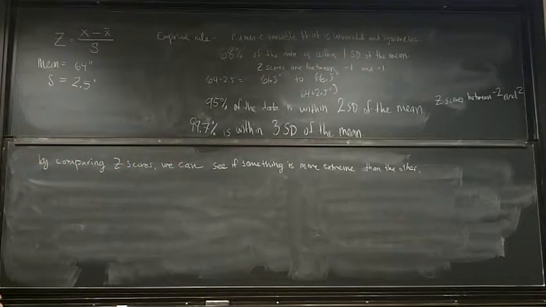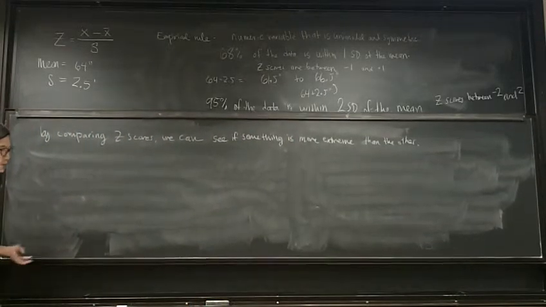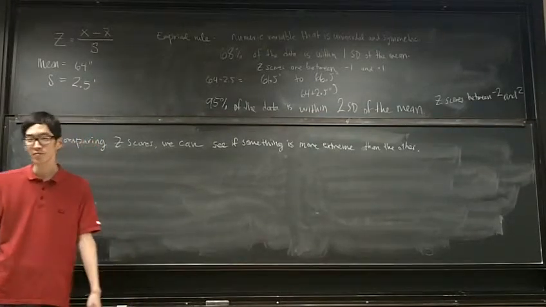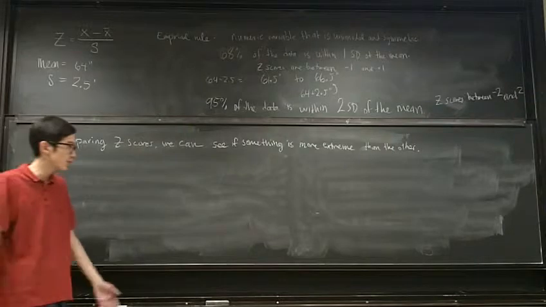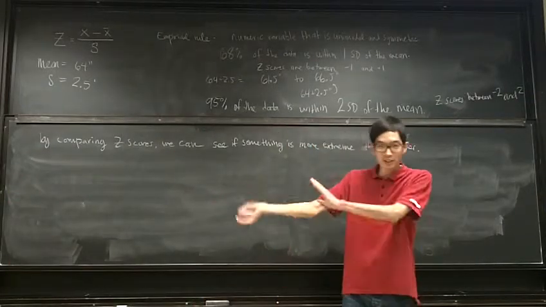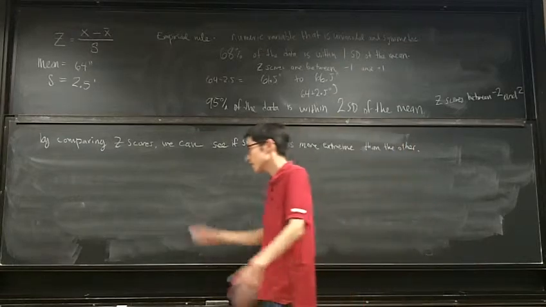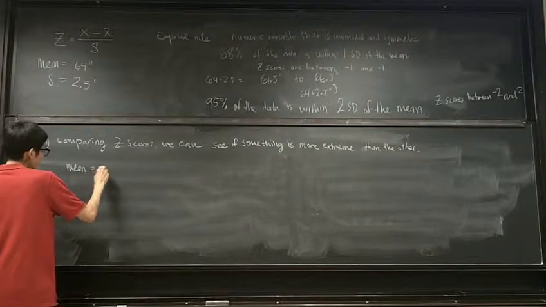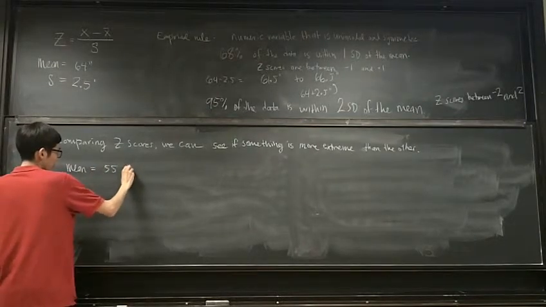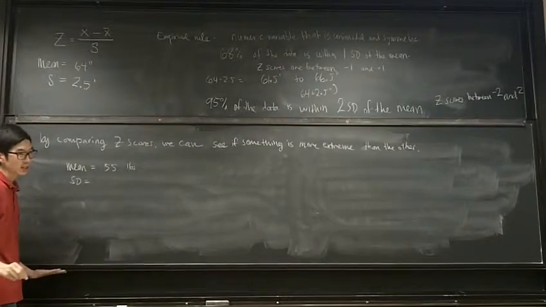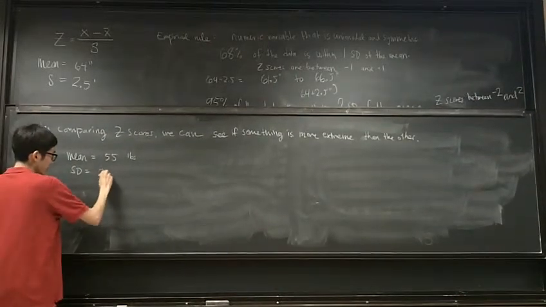So I'm just making up numbers. What's the average weight of a dog? It depends, right? We've got little dogs and big dogs. So let's just say I'm making up a number. Let's say the mean weight of a dog is 55 pounds, and the standard deviation is 20 pounds.